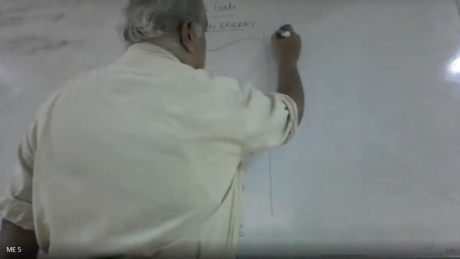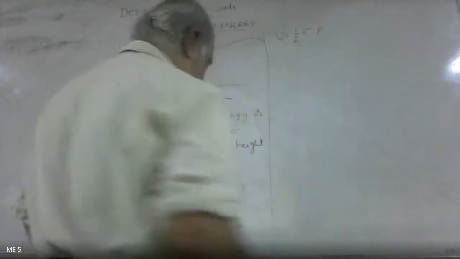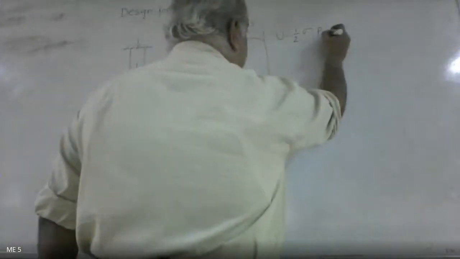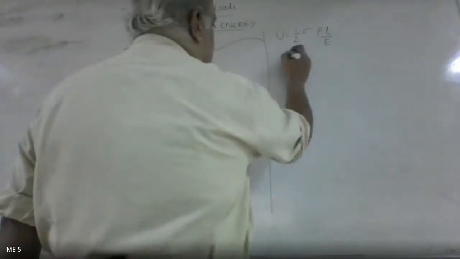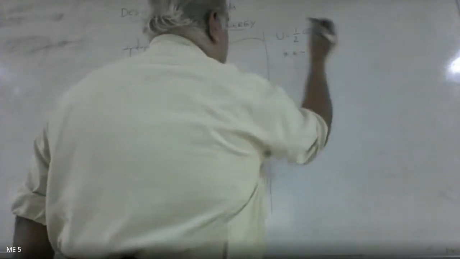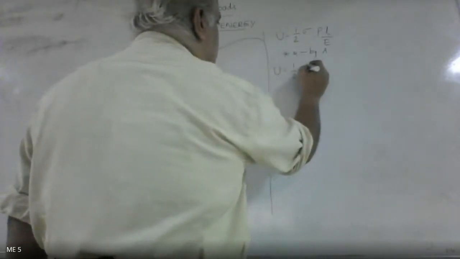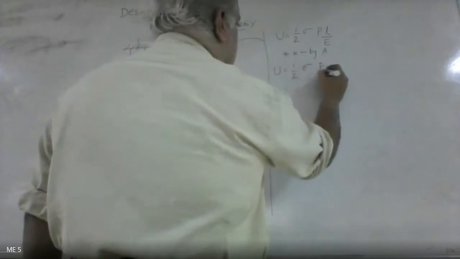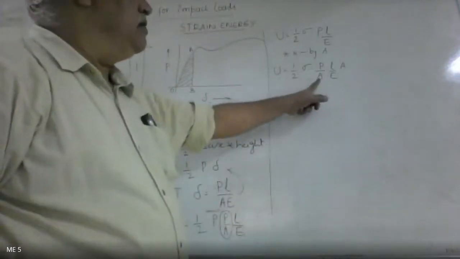So U is equal to half sigma P into L by E. Now we can multiply and divide by area A, because there will not be any change in the value. So U is equal to half sigma, P by A, into L by E, into A.